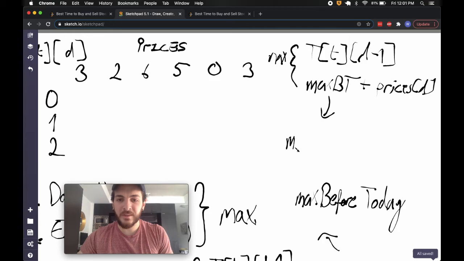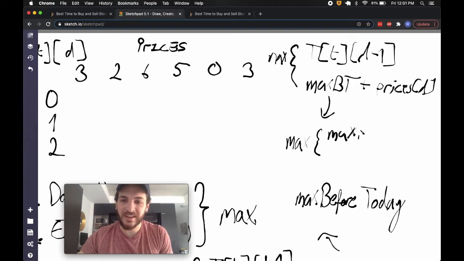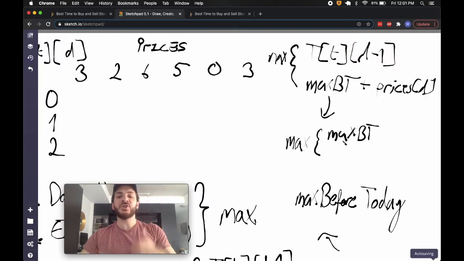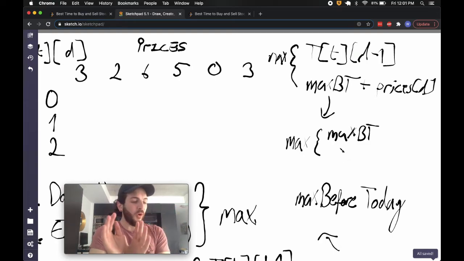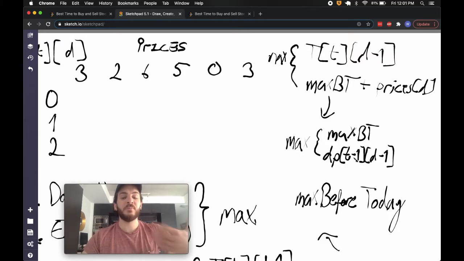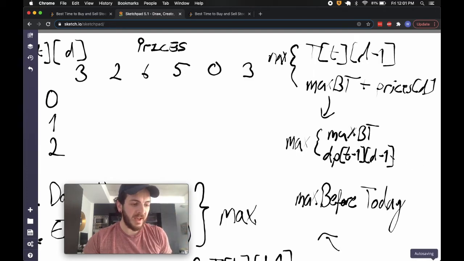It's almost like a nested calculation: the max of everything we could have done before today, which would have been dp of t minus 1, d minus 1. So d minus 1 represents yesterday, and t minus 1 represents one less transaction than we had, minus prices of d minus 1.